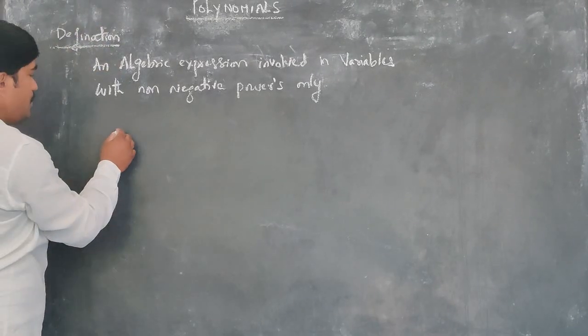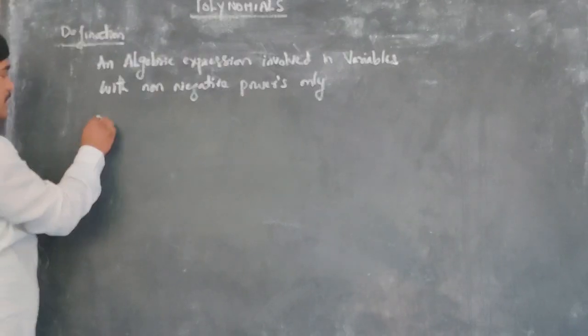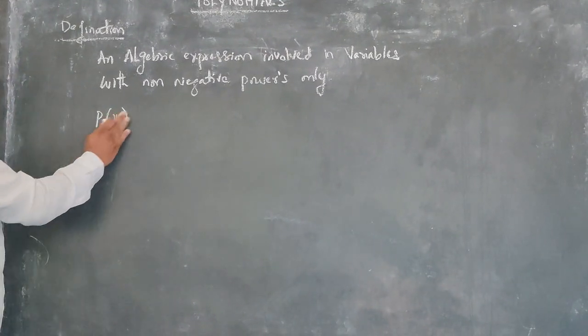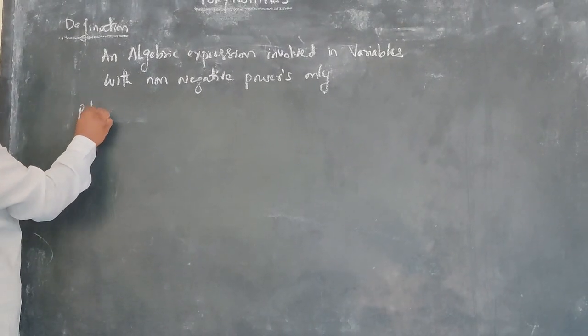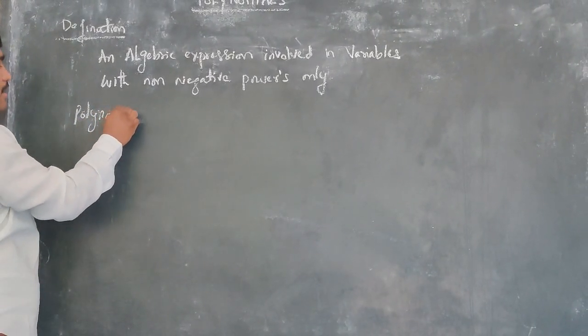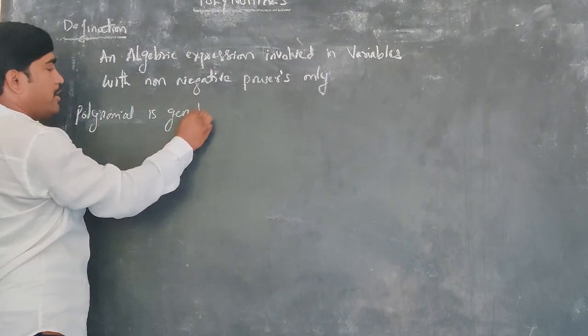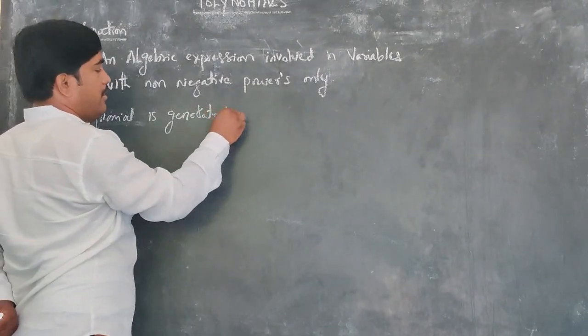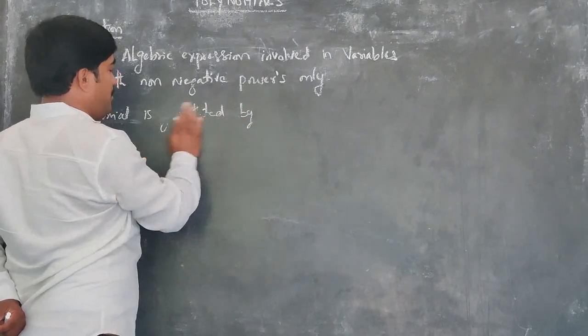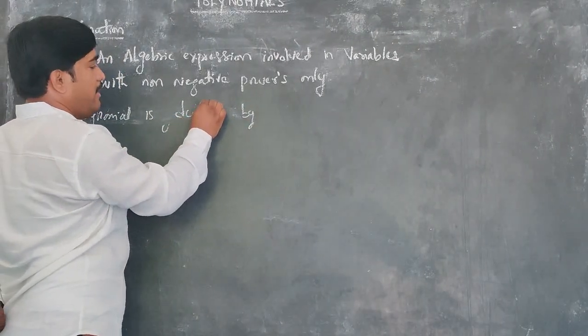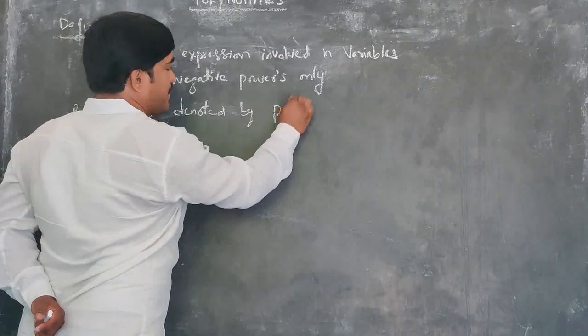Now, the general form. A polynomial is generally denoted by p of x.